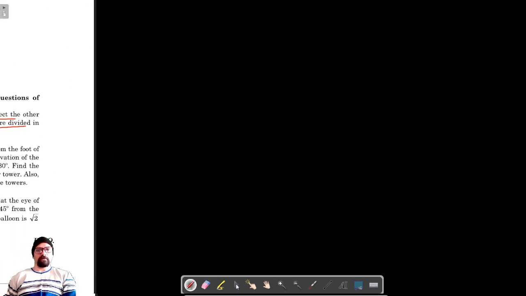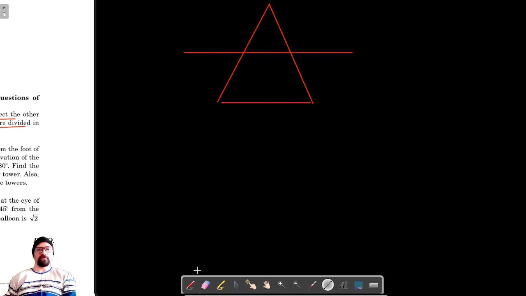So let me draw a triangle. Let's say this is our triangle, and it's given that a line is drawn parallel to one side of the triangle to intersect the other two sides in two distinct points.